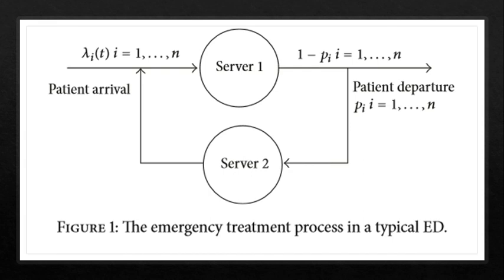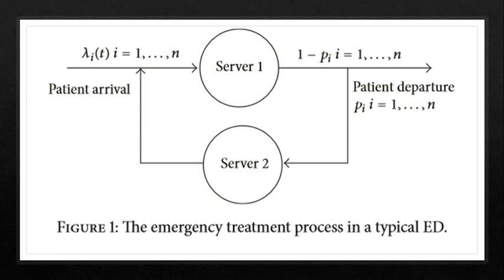So this is actually a figure to understand this and observe this treatment process better. In here, Server 1 represents physicians for treatment and Server 2 represents the physicians for examination and testing. The patients arriving at emergency department from outside are classified into N classes after triage based on patients' health conditions. The patients queuing before Server 1 and waiting for the first time to see the doctor are set in their first stage.